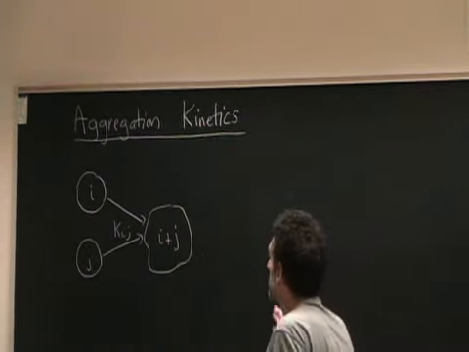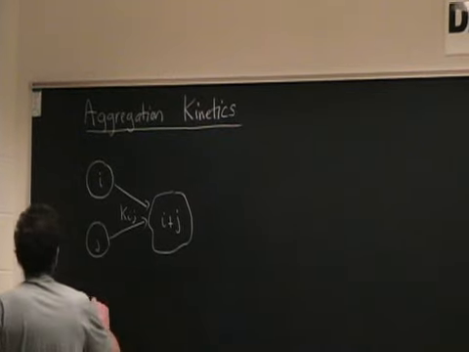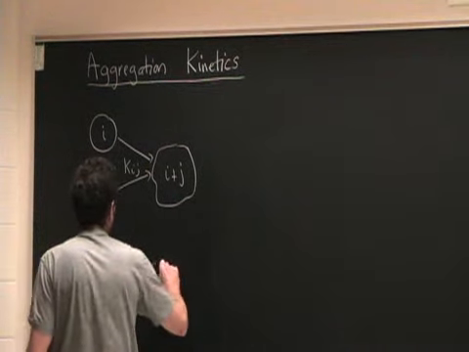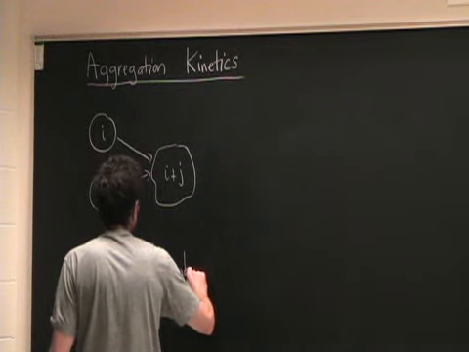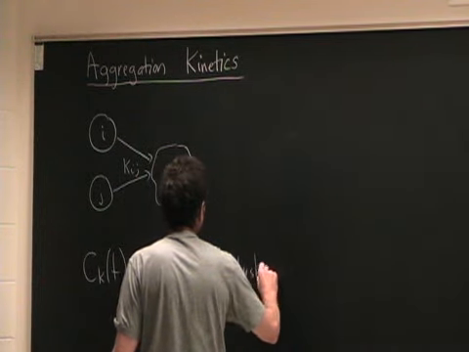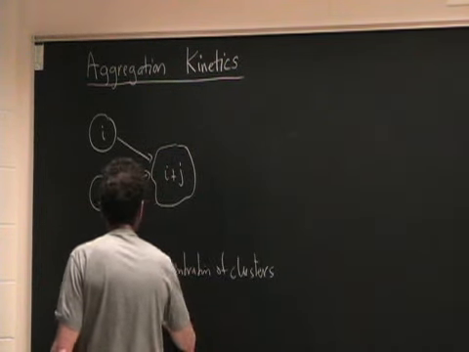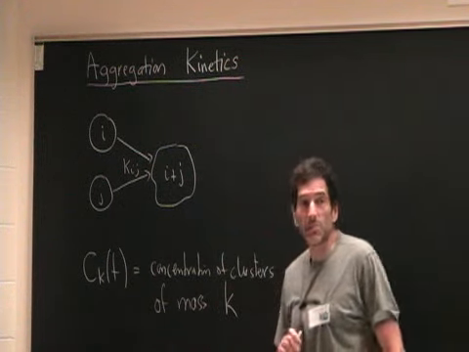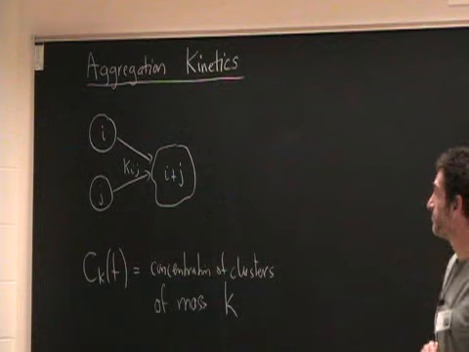So the basic dynamical quantity I want to understand is what I'll call c_k(t). So this is going to be the concentration of clusters of mass k at time t. So this is the basic quantity that I'd like to understand.